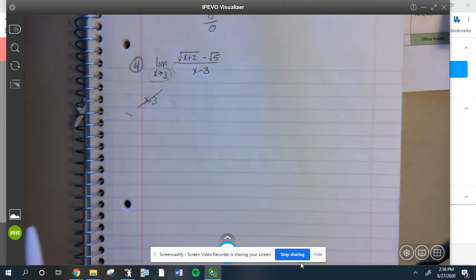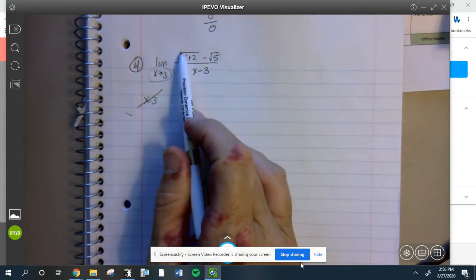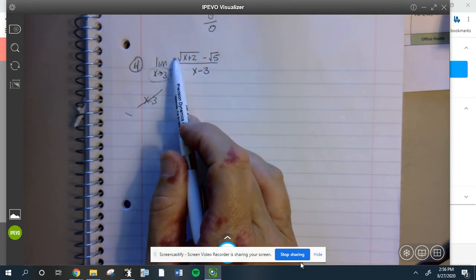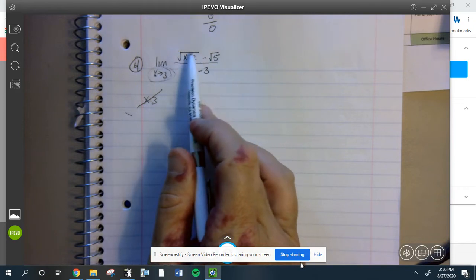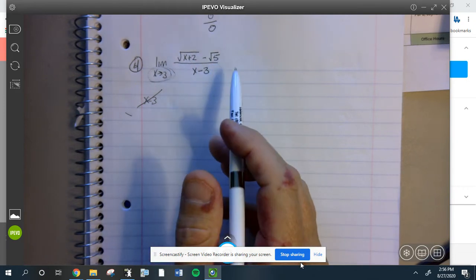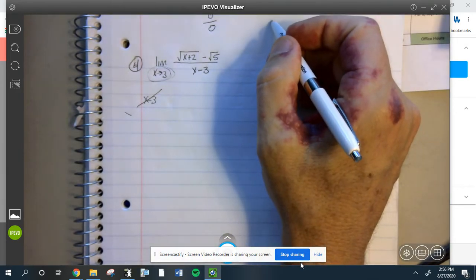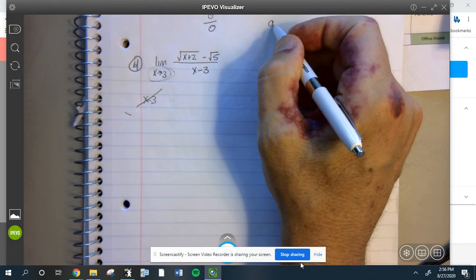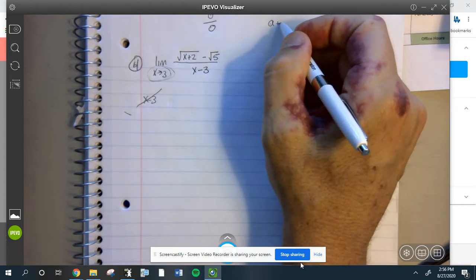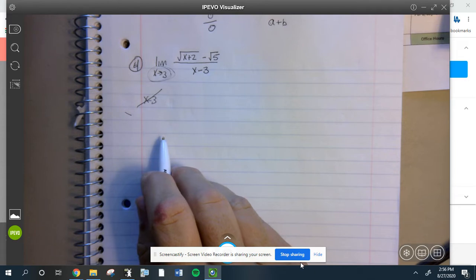We're going to rationalize. The square roots are irrational parts of it. So to rationalize a binomial, we have two terms, this and this, you multiply by its conjugate. If you don't remember that, or I haven't shown you that yet, if you have a binomial, two terms, like a plus b, its conjugate is a minus b.